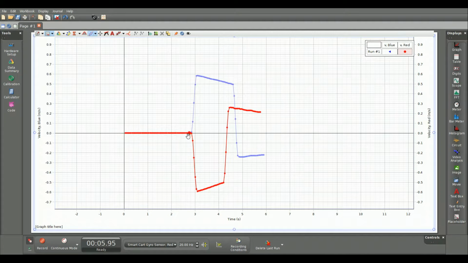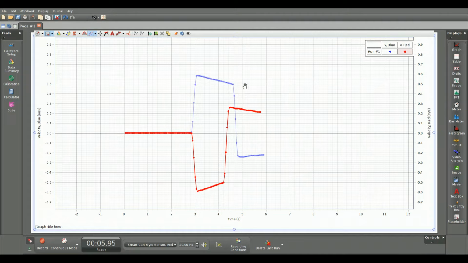Velocity 0. I pop the spring, and both carts move off with a given velocity. Since the forces are equal and opposite, due to Newton's third law, they each receive the same amount of force. And then they move off at a constant-ish velocity.